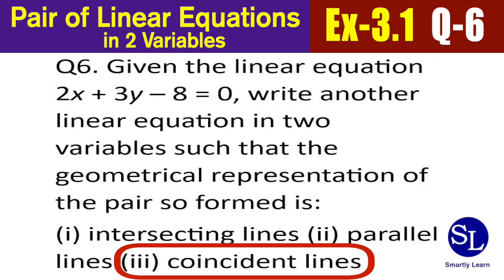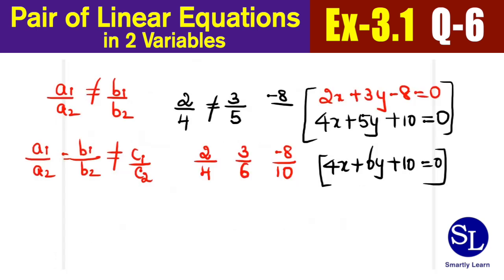So in the last subdivision, they wanted a coinciding line. So what is coinciding line? One line exactly lies on top of the other. So what is the condition for that? A1 by A2 is equal to B1 by B2 is equal to C1 by C2. So we know the values of A1, B1 and C1.